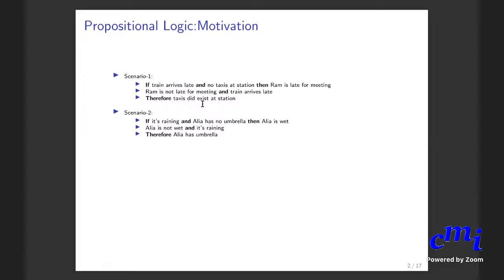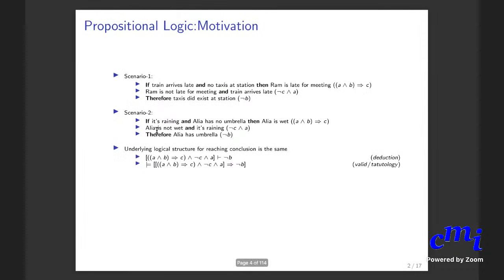So using similar reasoning, you can conclude Alia must have an umbrella. For if she did not, since it's raining, she would be wet. But you know for a fact that she is not wet.